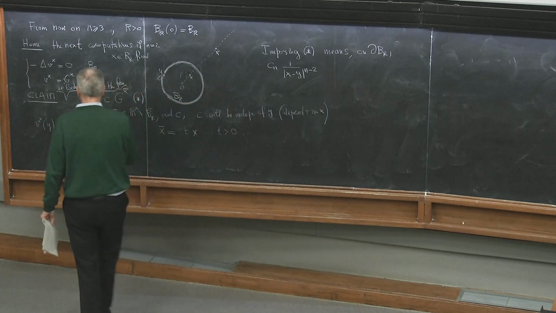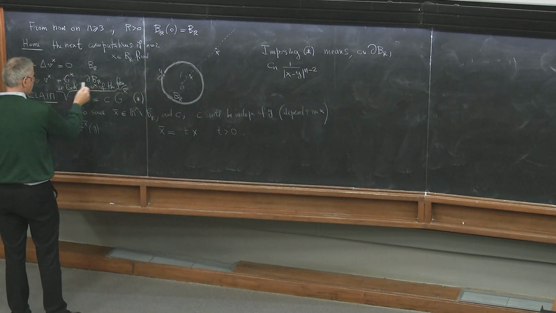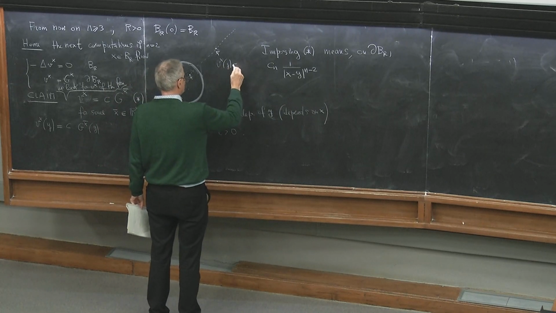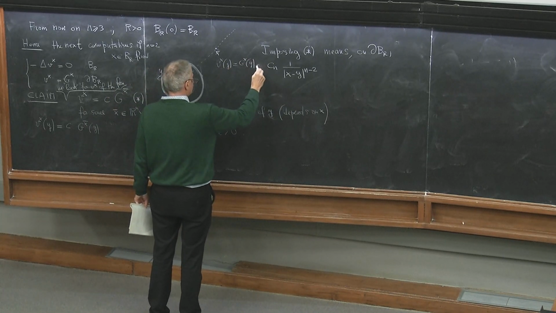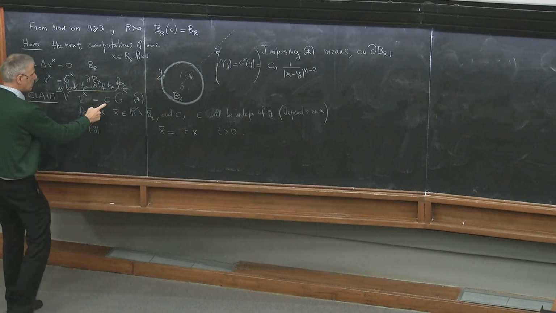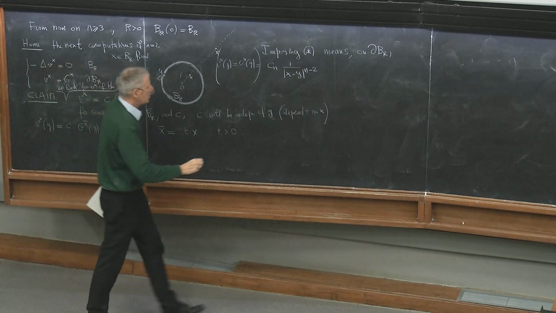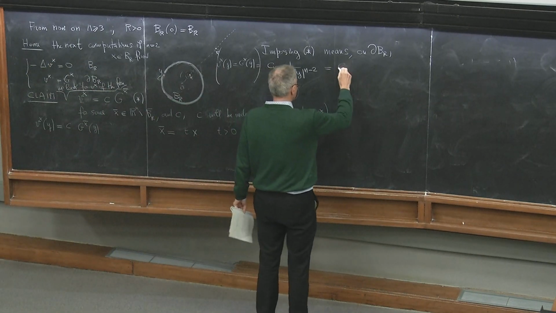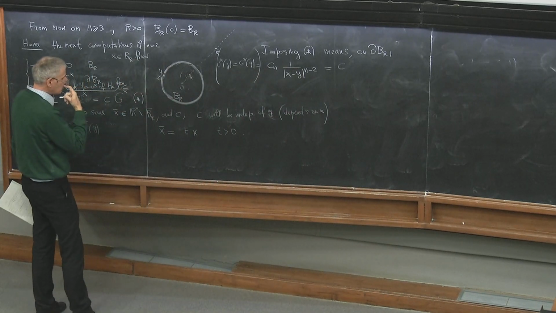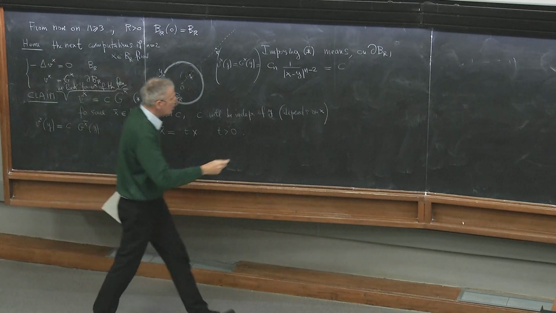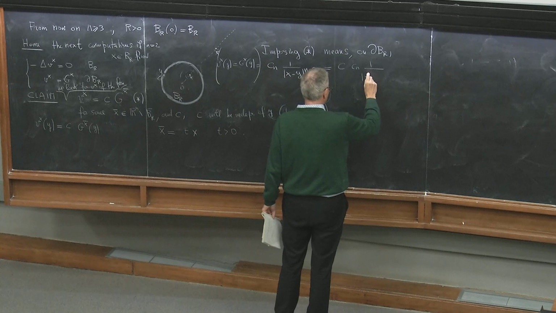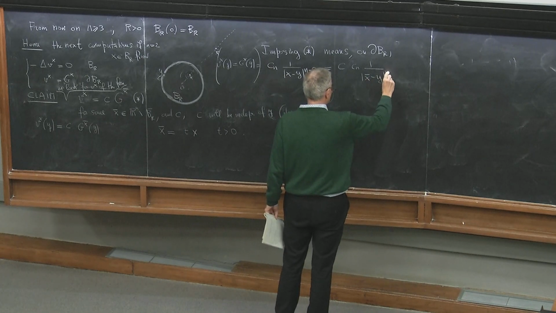So this is Vx equal Gx at y. In any case, this must be equal to this object here, C, multiplied by the fundamental solution singular at x bar, which is the same constant, Cn, and now it is 1 over |x bar minus y| to the n minus 2.